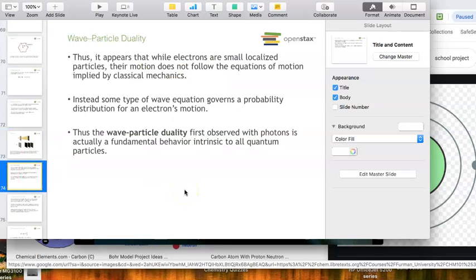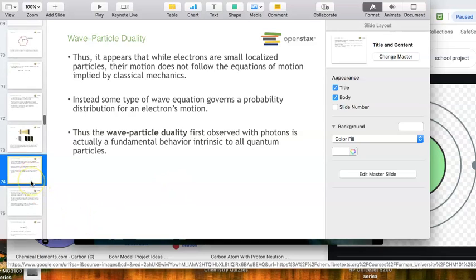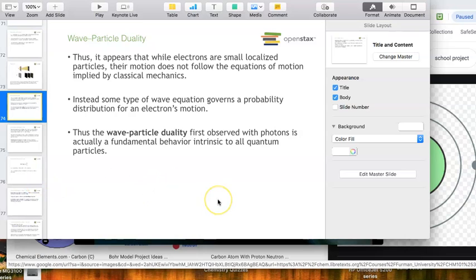And so it appears that while electrons are small, localized particles, their motion does not follow the equations of motion implied by classical mechanics. Instead, some type of new wave equation governs the probability distribution for an electron's motion. Thus, the wave-particle duality first observed with photons is actually a fundamental behavior intrinsic to all quantum particles, meaning that electrons, even though they are particles, can move around in a wave-like pattern.